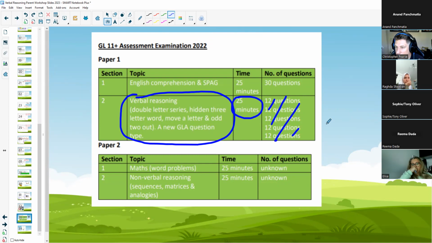But time management is still important, because if there are certain questions children know they struggle on, we would rather they left those until later, because it's about accruing marks. The more marks they get, the better chance of getting a good mark and passing.